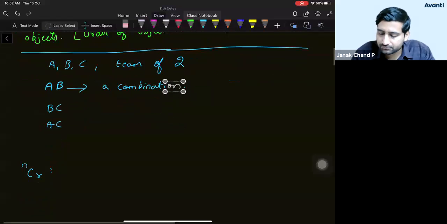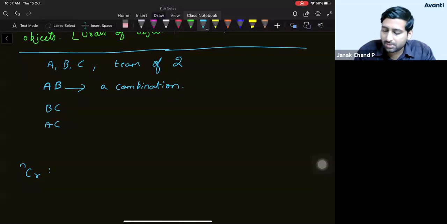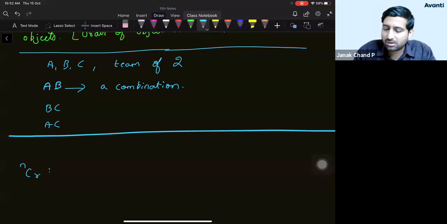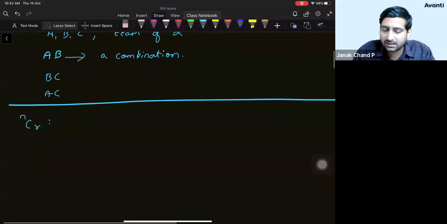Fine. Next. So one of the very important notations in the concept of combination is NCR. Obviously here, C stands for combination. What is the meaning of NCR, students?